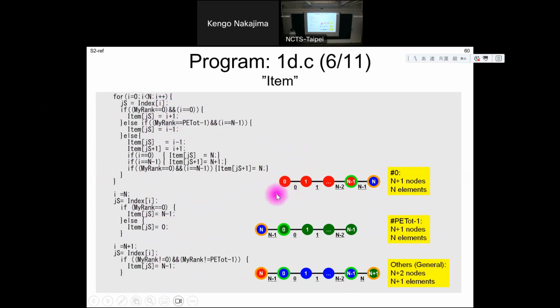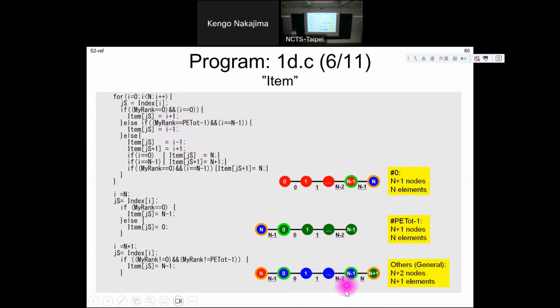If my rank equals 0 and I equals 0, in this case we have only one non-zero component, and that is corresponding to I plus 1. In the other case, my rank equals this one and I is equal to n minus 1. In that case, the neighbor is I minus 1. Otherwise, it's a general case.